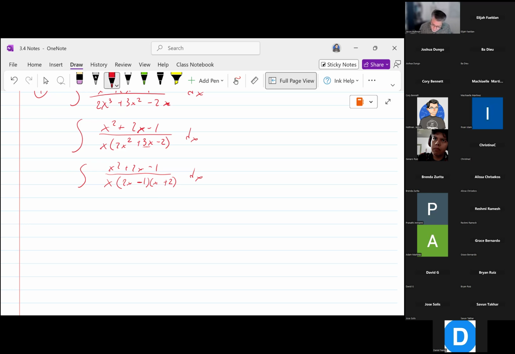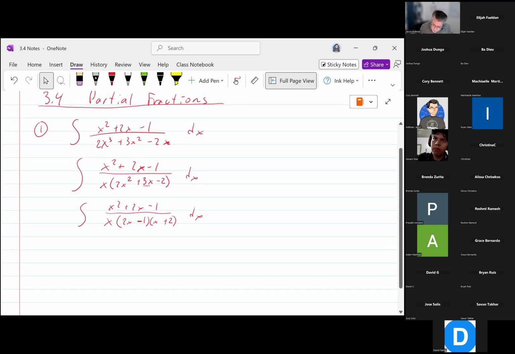Now, one thing that I want to note is that the numerator is a lower power than the denominator. So this numerator is an x squared, and the denominator is an x cubed. So we're not going to divide.